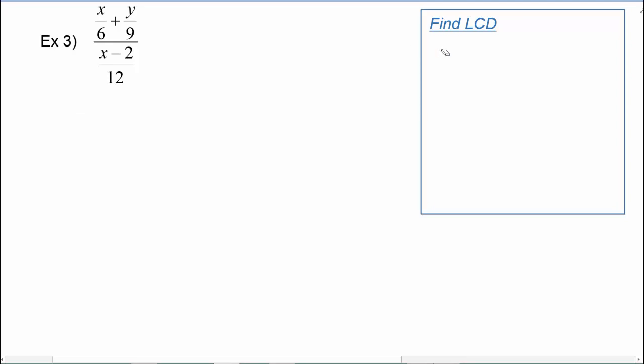So we proceed as before, where we first find the LCD, and the extra denominators we have are 6, 9, and 12, and we do the prime factorization for each one. 6 is equal to 2 times 3. 9 is 3 times 3, which is 3 squared. And 12 we know is 4 times 3, so we can write that as 2 squared times 3.